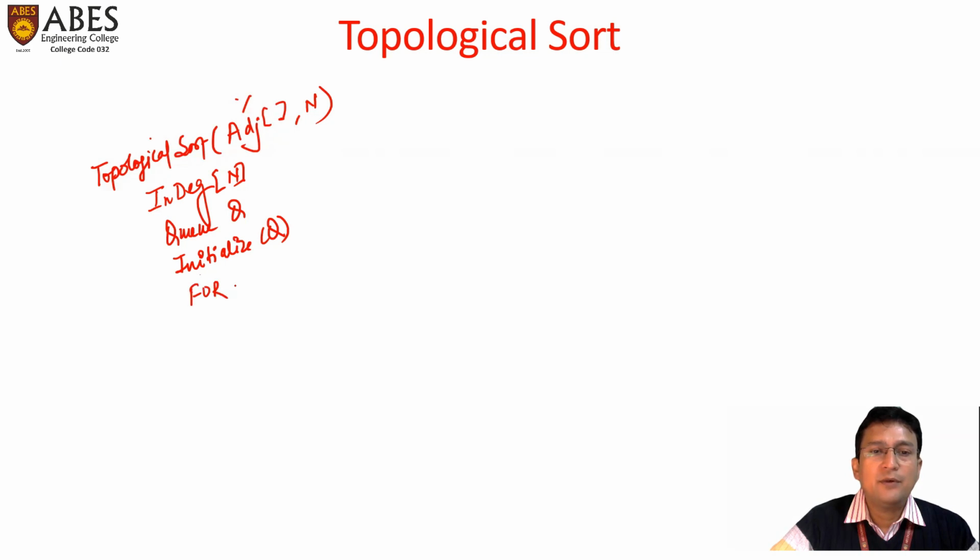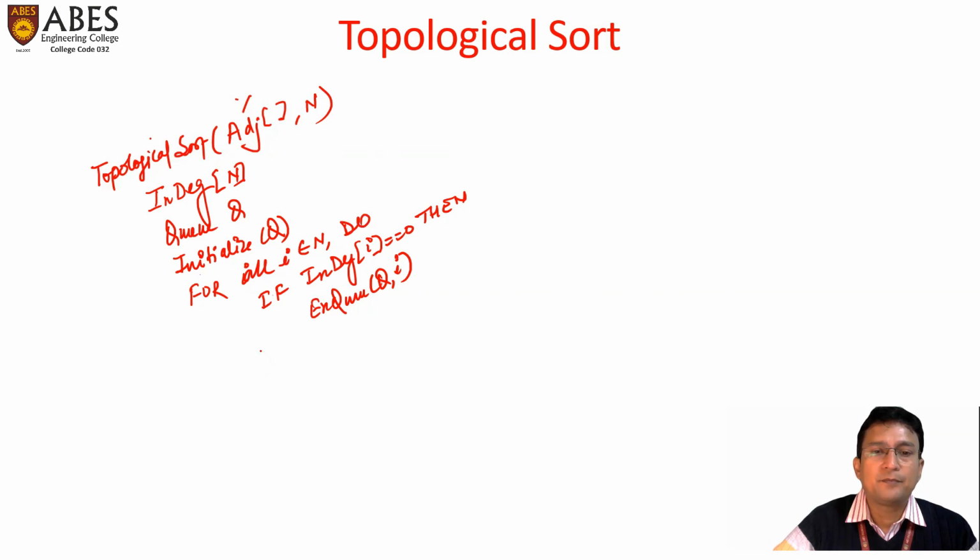So to start with, for all I that is in n, if the in degree of the vertex number I is 0, then that vertex should be included in the queue. So we should enqueue that vertex in the queue. So I number vertex should be included in the queue.